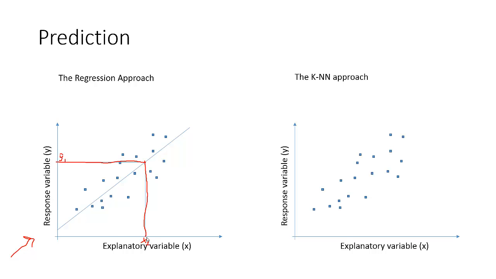So if somebody gives me this x, I've used all of this data to create a line, but after that I can lose these data points. These data points can be erased from my memory. All I need to do to make a prediction at this point is to know this line, which I've already created with the regression.